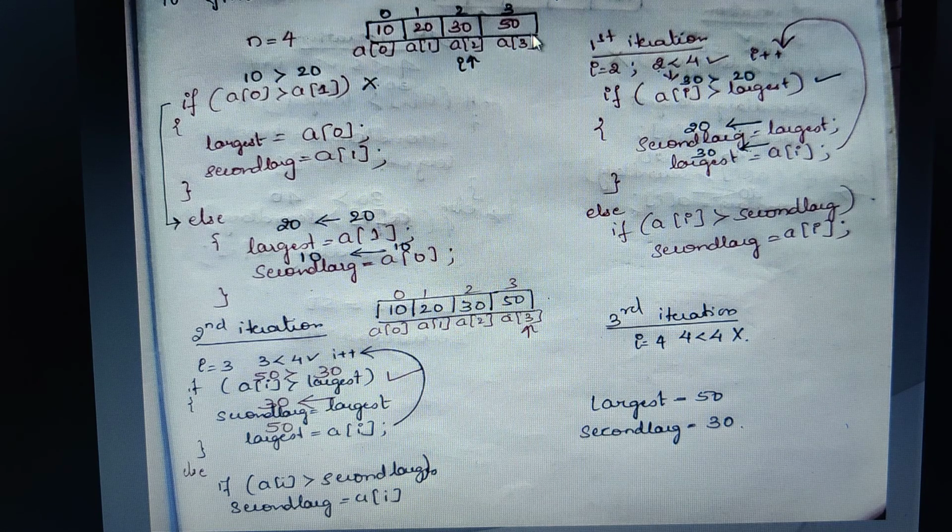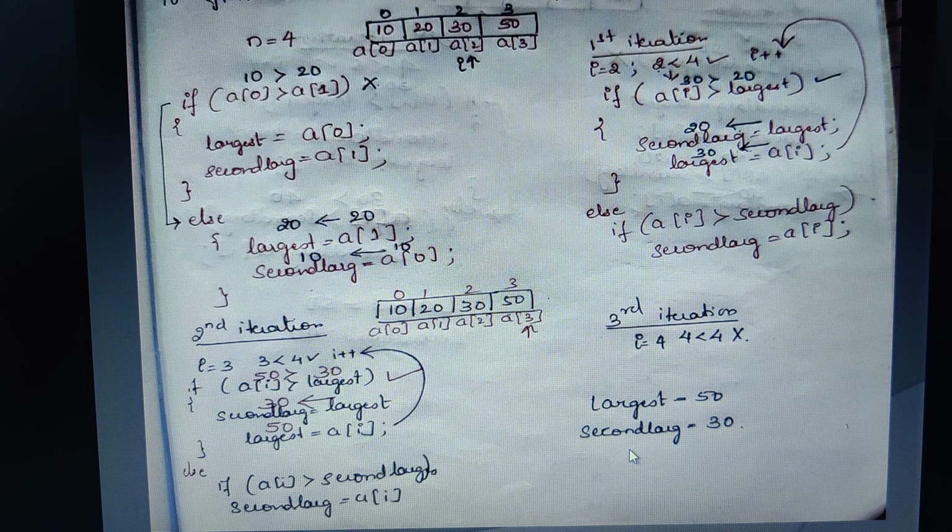As per the array elements also, the first largest is 50 and second is 30. But what they are asking you is to find the second largest of n numbers in the given array. That's how we got the largest as well as the second largest. I hope, children, the explanation was clear. This program is very simple. I want you to try with different values and check out the tracing.